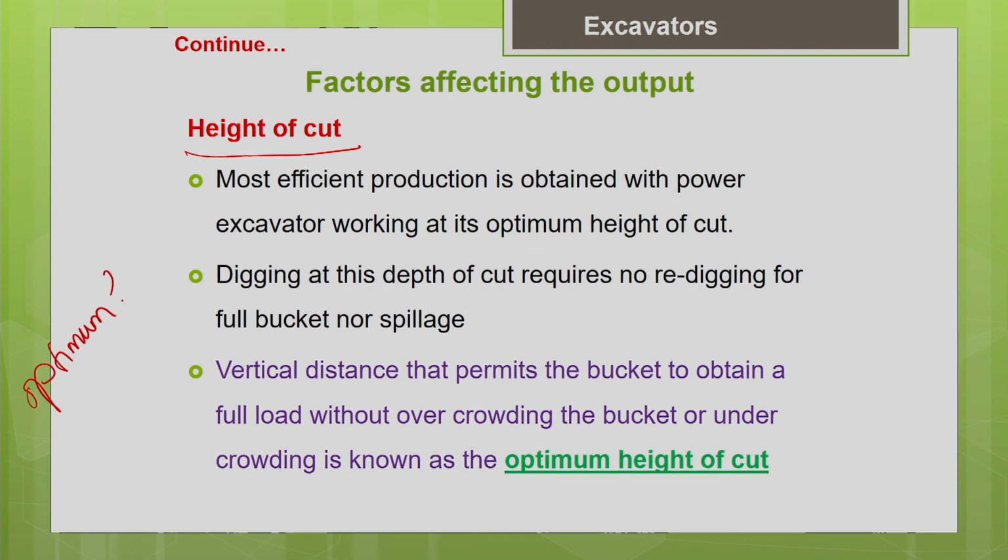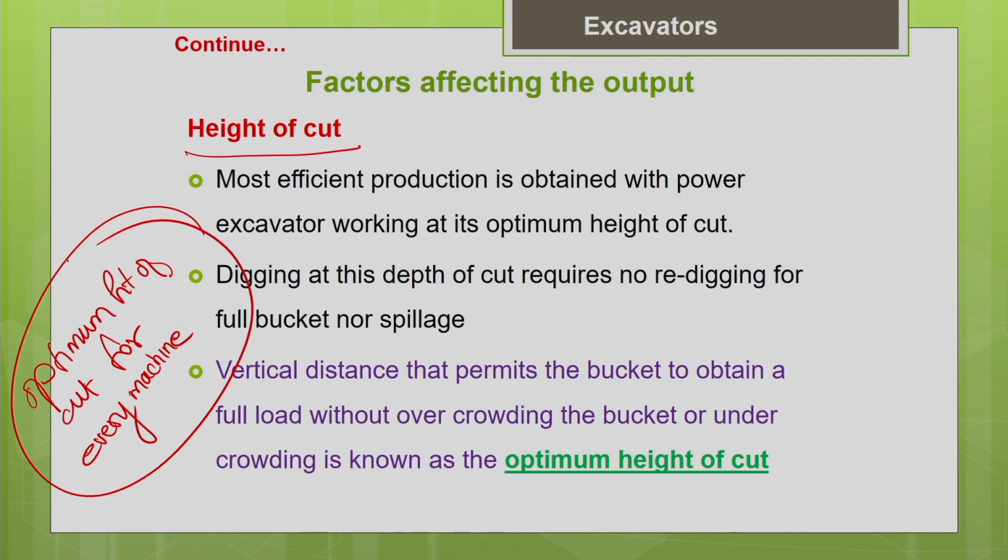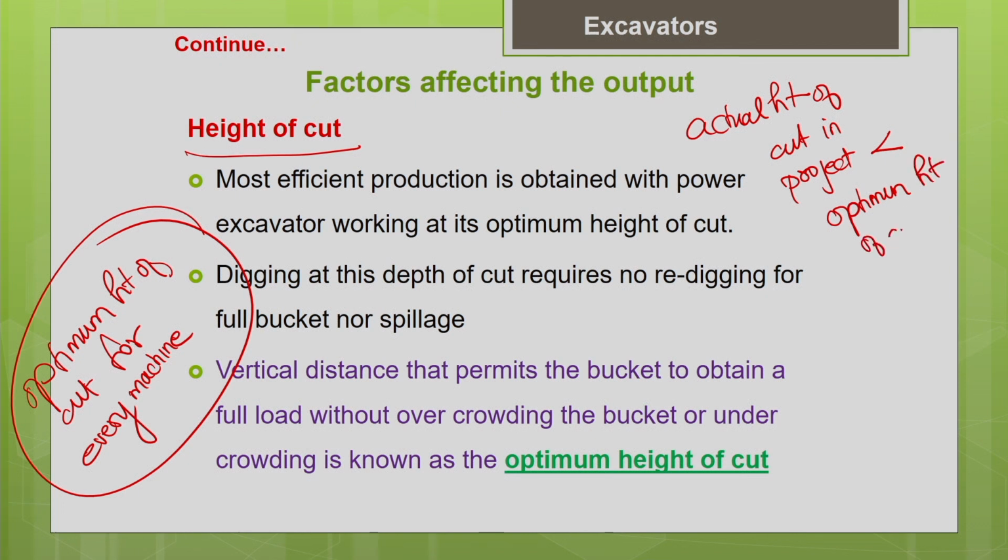So what I am trying to say here is that there is an optimum height of cut for every machine, which depends upon the dimension of the machine. If your actual height of cut in your project is less than the optimum height of cut needed for that machine, you won't be able to fill the bucket in one sweep, so your cycle time will increase.